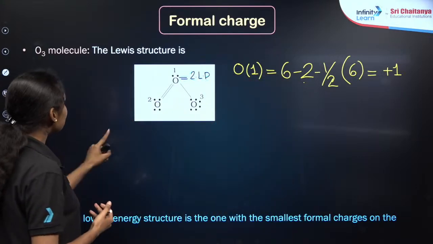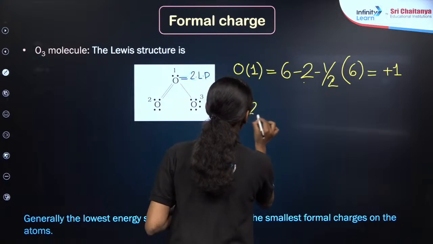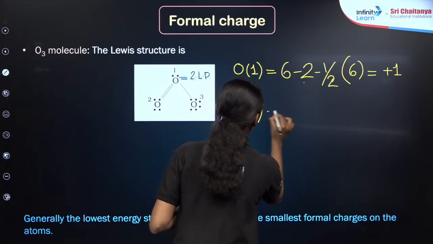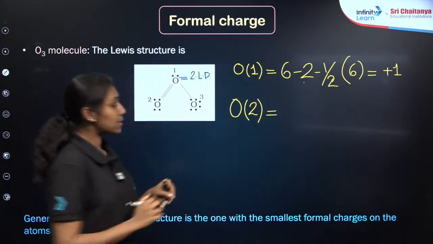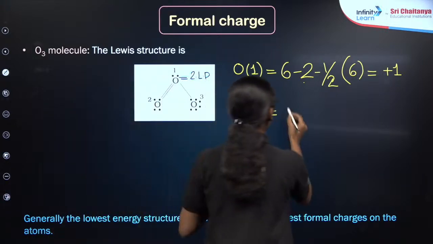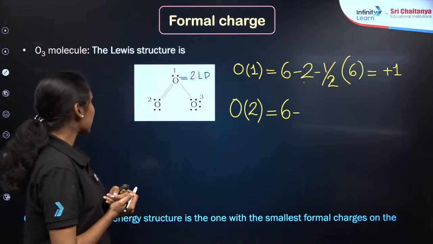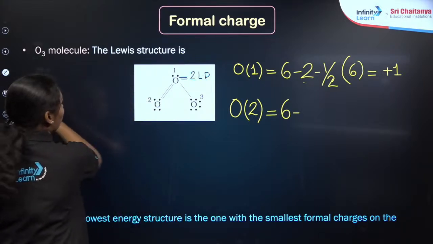Then what will be the formal charge of the second oxygen here? The same rule, right? I am representing the second oxygen as O2 here. The first step is the total number of valence electrons present in the oxygen atom, right? So I am taking again 6. Then what about the total number of lone pairs here?